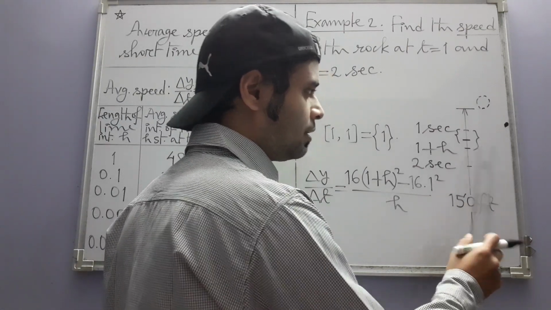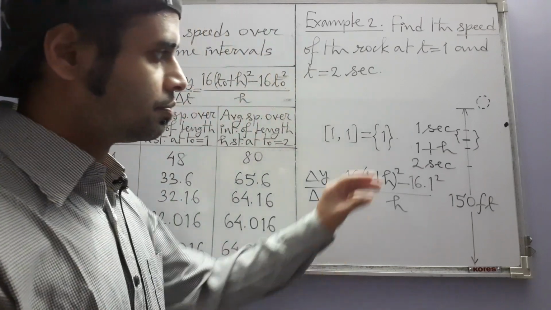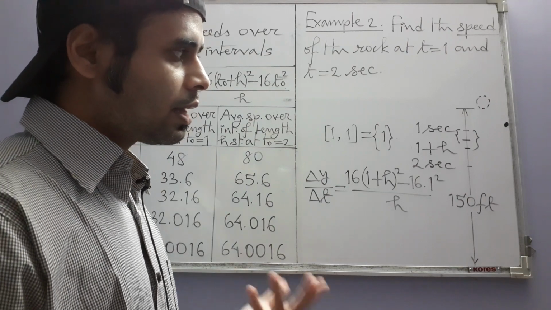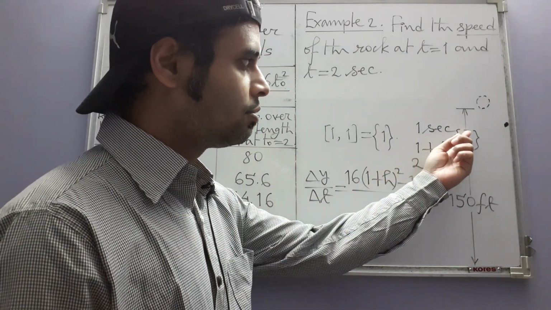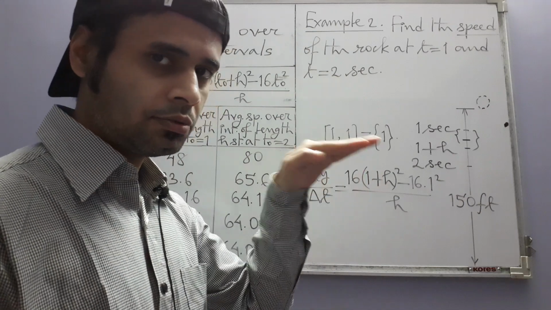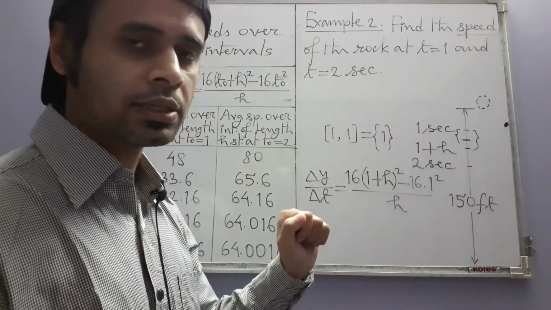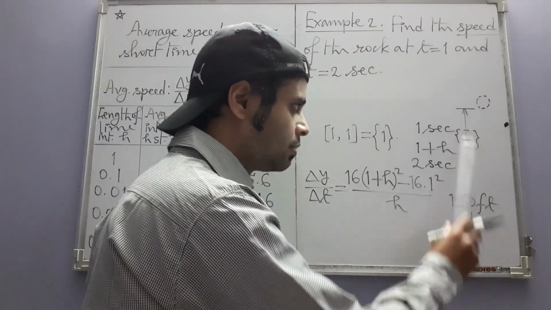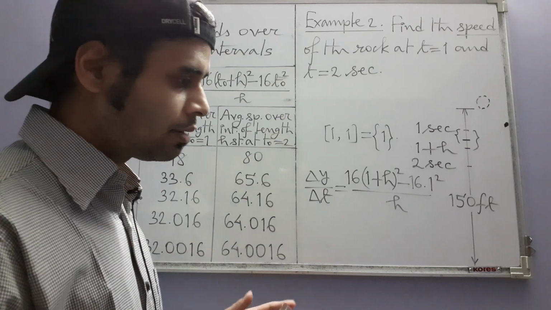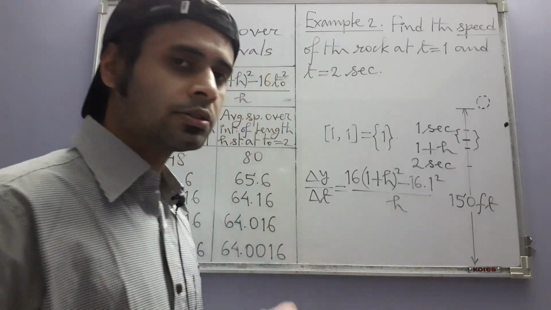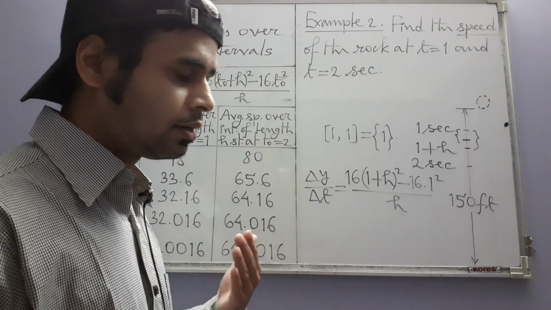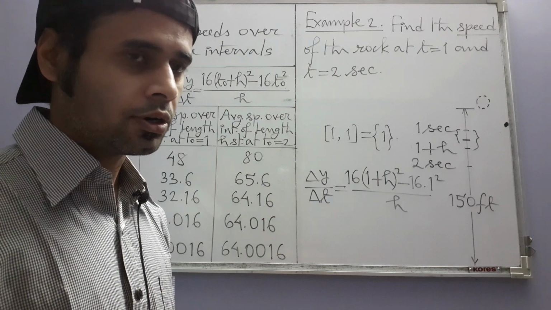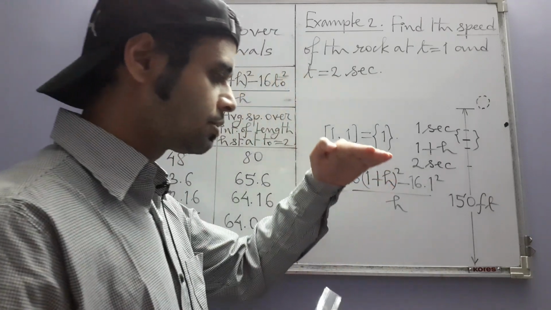So you can imagine what we are trying to do. As we make the intervals smaller and smaller, it is as if we are trying to approximate this one instant of time, which is this 1 second mark, with those intervals. Of course, they all have positive lengths, but we are making that length, which is h, smaller and smaller. That means we are taking h towards 0, or we are taking 1 plus h towards 1.